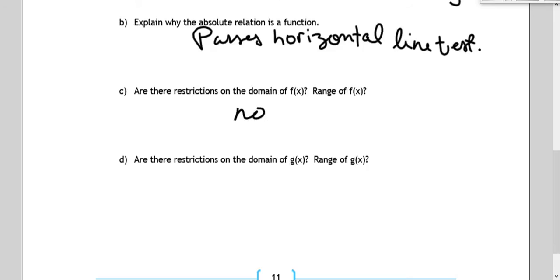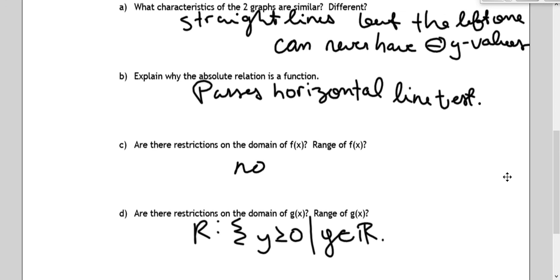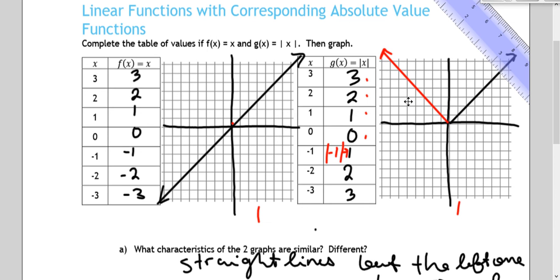No. But if we look at the range of g of x, y must be greater than or equal to 0, where y is an element of the real numbers. And we can see that because if we scroll up here, this guy will never, ever go below 0.